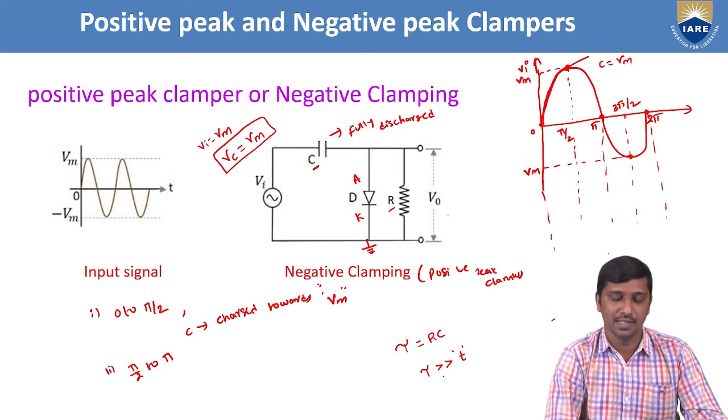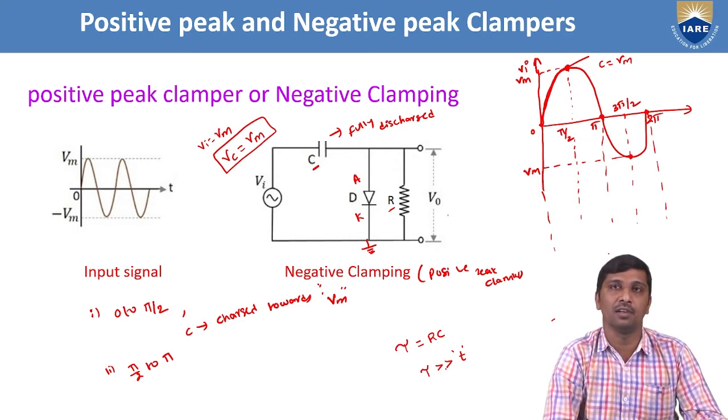So here we make tau much greater than your input signal t, meaning the discharging time period should be very large with respect to your given input signal. So if the discharging time period is very large, it requires more time to attain a minimum value.